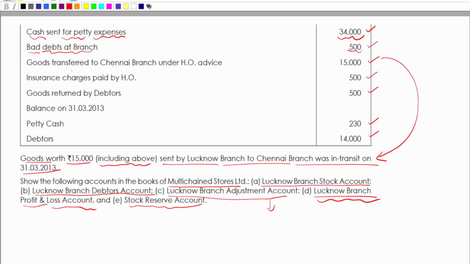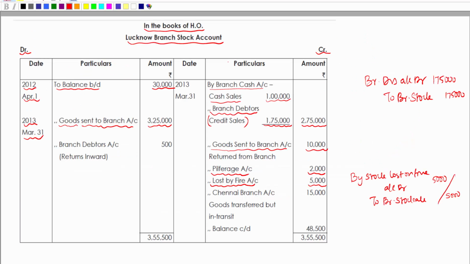Then going back to the question, we have information that goods are transferred to Chennai branch under HO advice. So as far as Lucknow branch is concerned, it is as good as goods that are returned to HO. So in branch stock account, we'll write by Chennai branch 15,000.